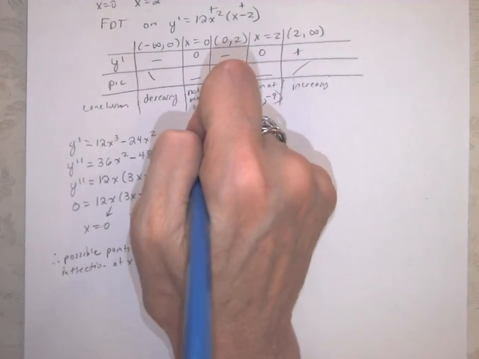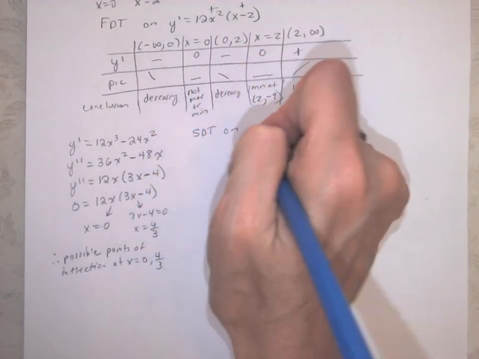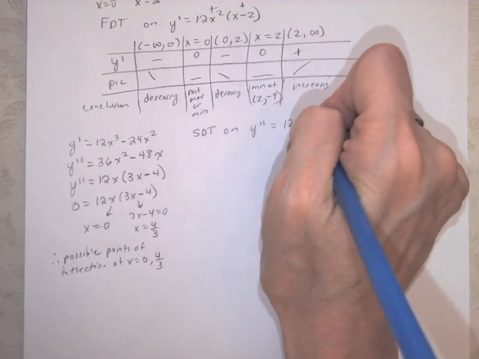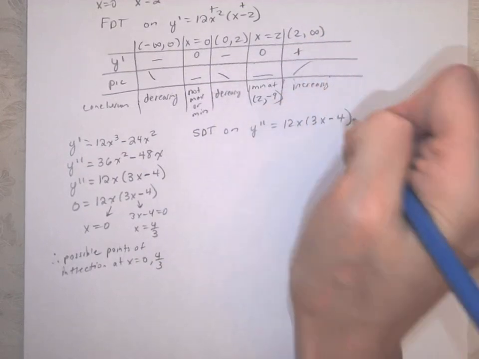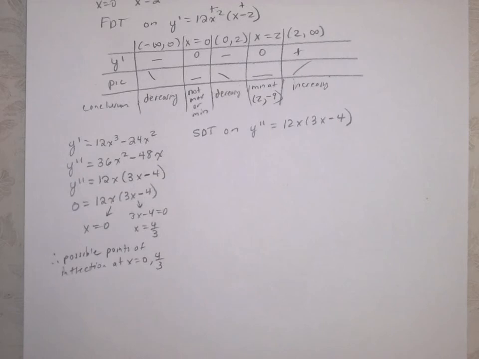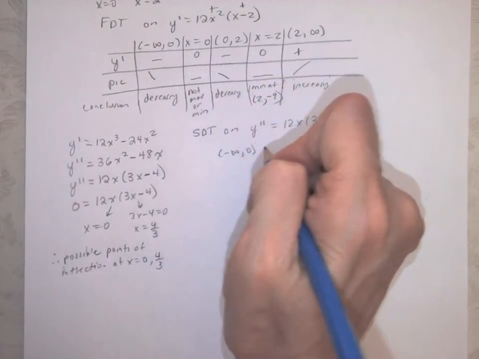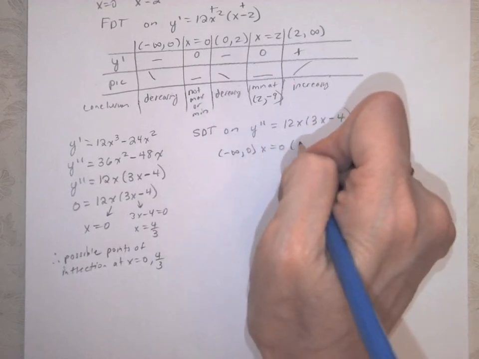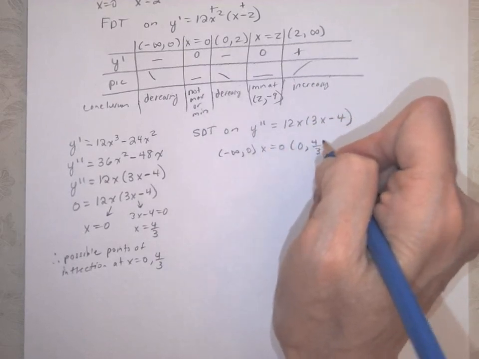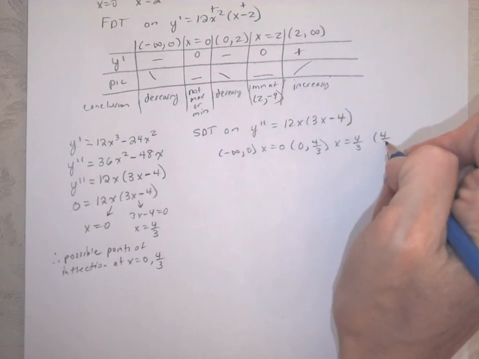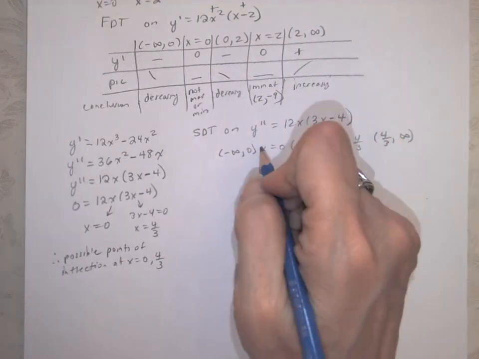So now we're going to do the second derivative test on y double prime equals 12x times 3x minus 4. And our first interval is going to be from negative infinity to 0, then from 0 to 4/3, and from 4/3 to infinity.